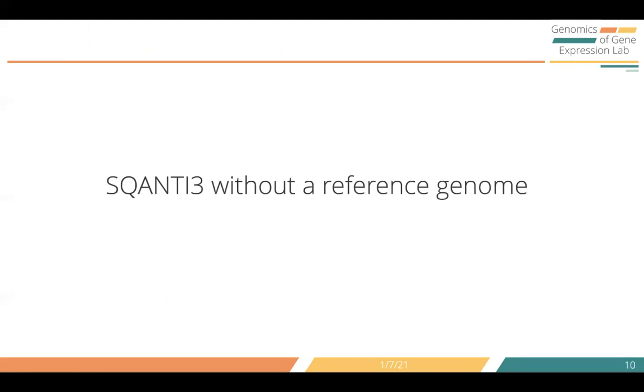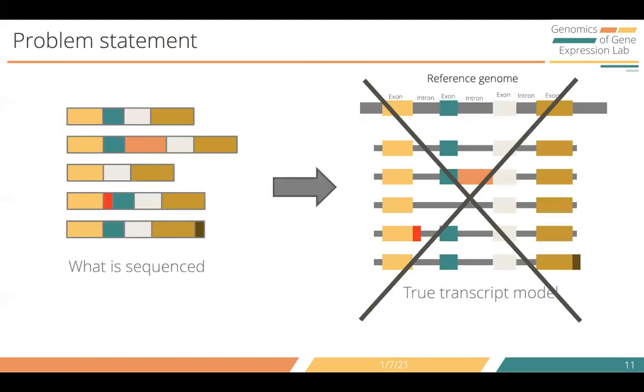We now talk about SQANTI without a reference genome, which is another feature. As you may know, long reads are frequently used by researchers to study transcriptomes without having a genome annotation, and we want to create a classification scheme in this scenario. The problem here is that the sequencing provides transcript sequences, and it is easy to identify the exons and alternative splice patterns when the reference is available.